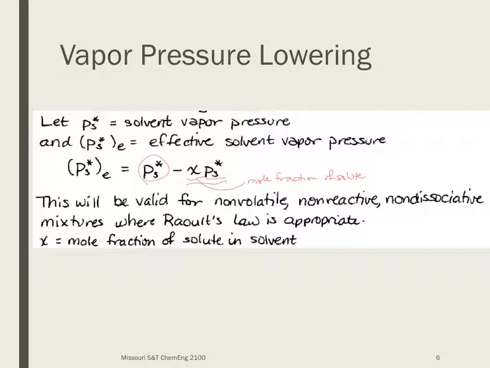Okay, now the solute would be like sugar dissolved in the water, something like that. It's going to be valid if I have a non-volatile, meaning it won't go into the gas phase, non-reactive, so no reactions allowed, non-dissociative mixture. So that's why, although I sometimes will apply this to salt, it really isn't a very good approximator for salt. It's better for something like sugar that does not dissociate.